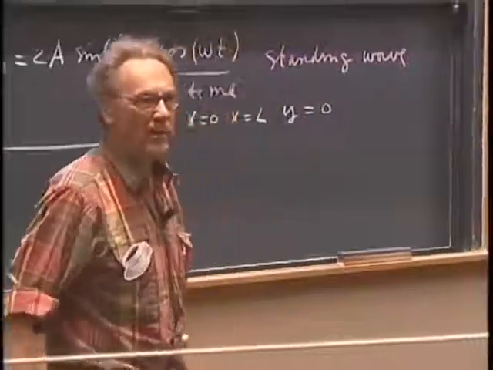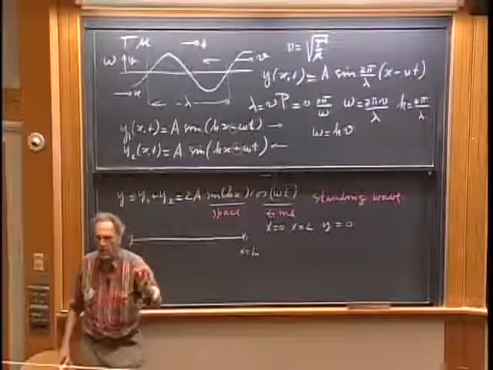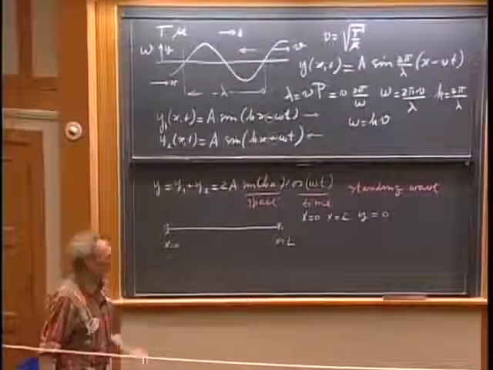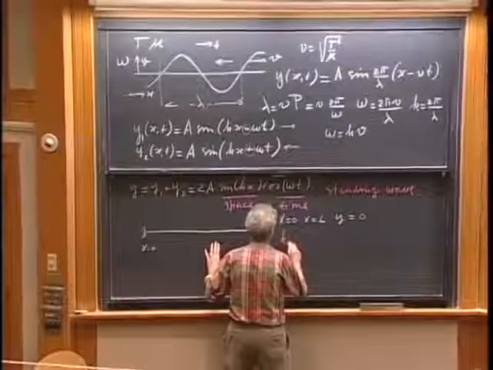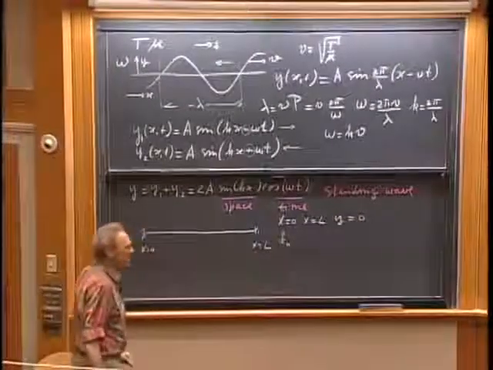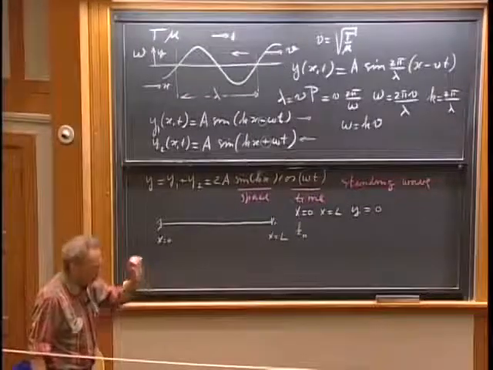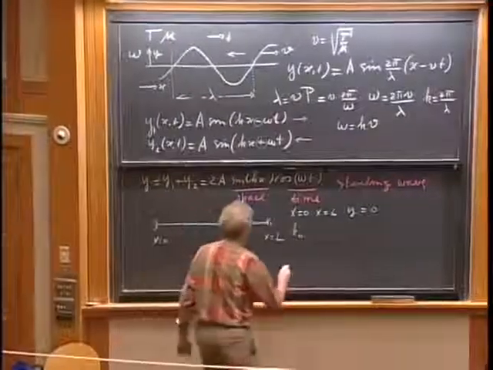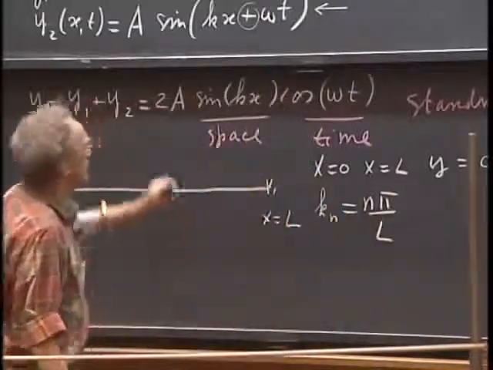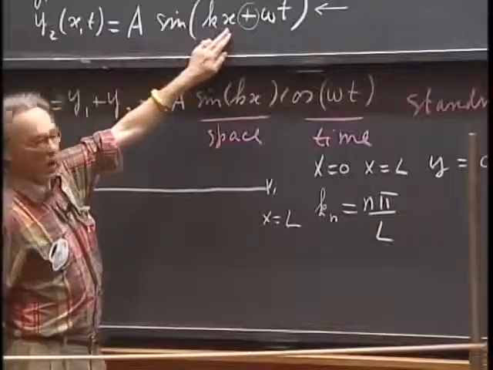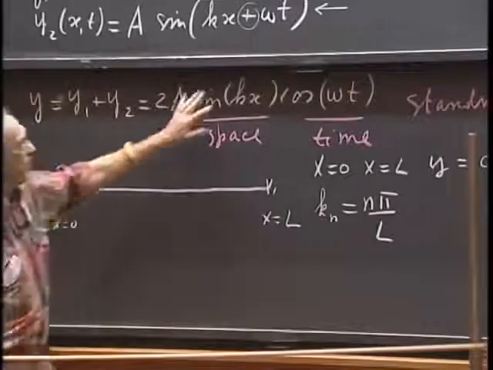And so the only way that can be done is that you only allow certain values for k to exist. And those values for k, which I will give an index n, as in Nancy, which is going to be the normal mode, n equals 1, 2, 3, 4, is now going to be n pi divided by L. Clearly, if x equals 0, then the whole thing is always 0.